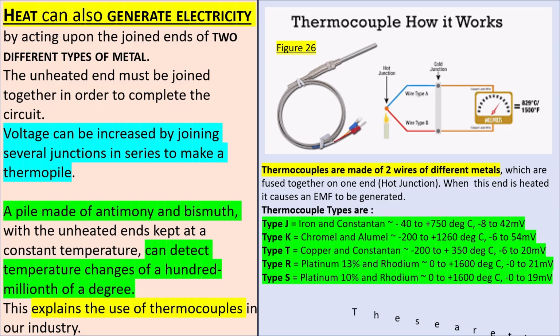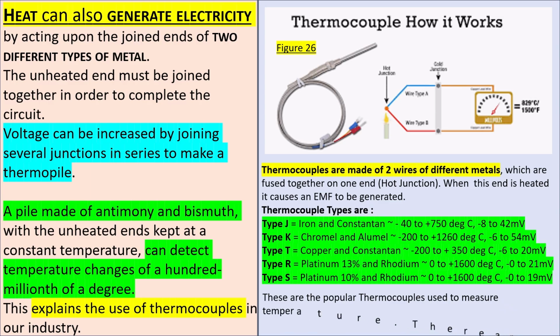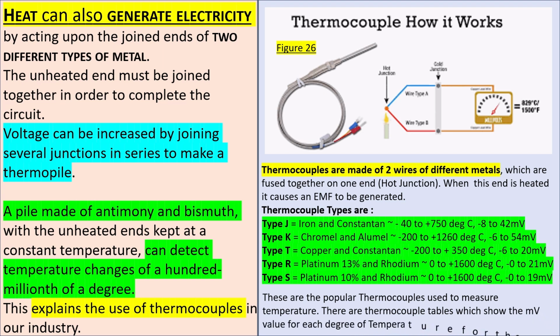Then you also have the type S. These are the popular thermocouples. There are many more, and these are the ones that are used to measure temperature. There are thermocouple tables which show the millivolts which are generated by each degree of temperature for the whole range.